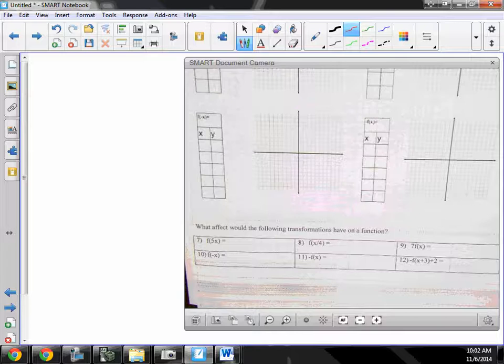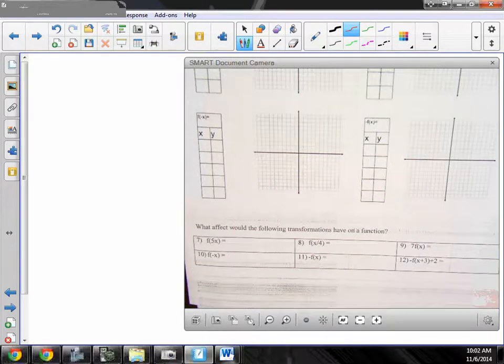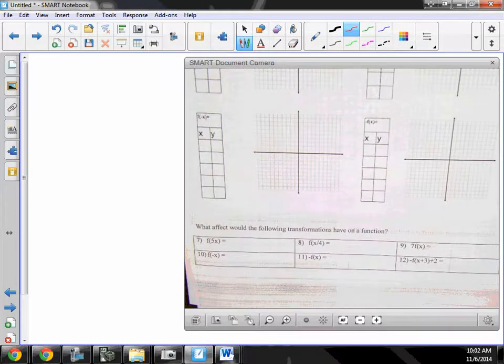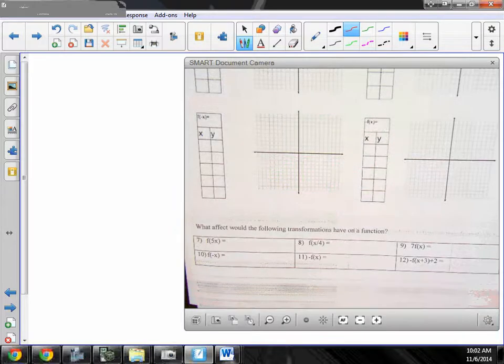Are we changing the x's or the y's on number 9? The y values, are they going to stretch or compress? Stretch by a factor of 7. Number 10. If you change the signs of the x's, it actually reflects across the y-axis. So number 11 would be reflect across the x-axis.